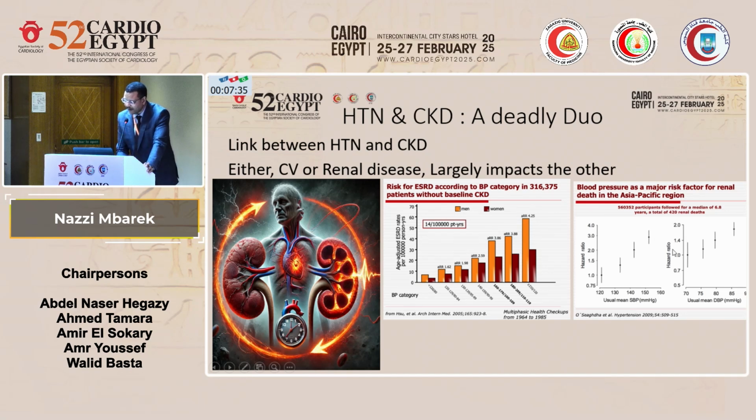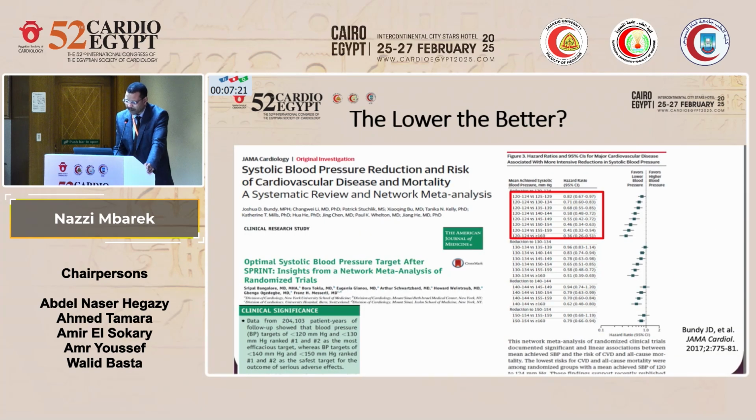And the same in the Asia Pacific region, the same finding. You always have the link between hypertension and the risk for events depending on the blood pressure. This study is very important, as it shows that the risk is very high whenever there is high blood pressure in this population.